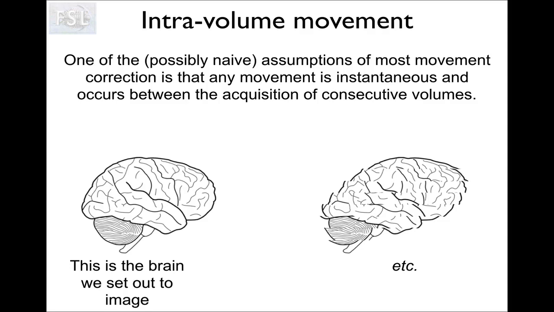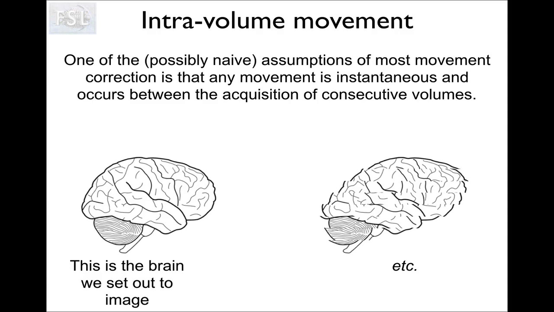That means that when you see this kind of intra-volume movement in diffusion data, you see a very characteristic zigzag pattern, because of the difference in location between the odd slices and the even slices.